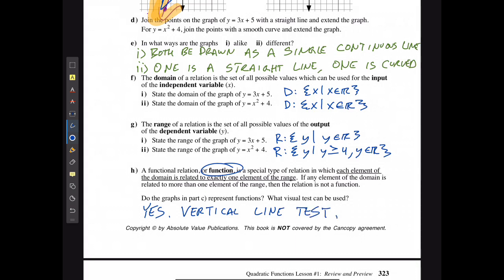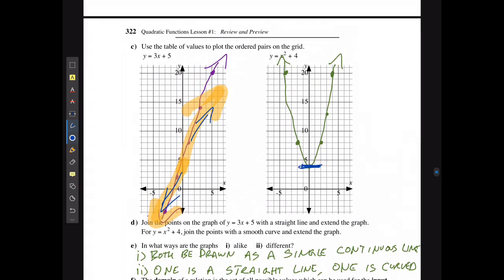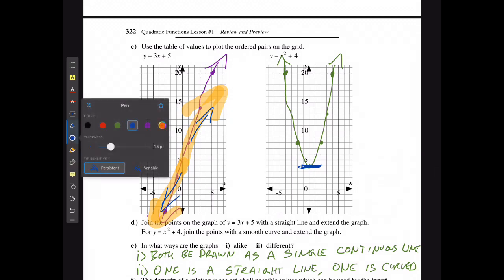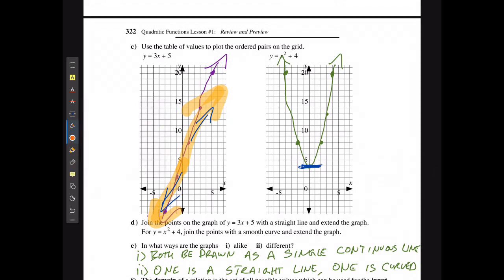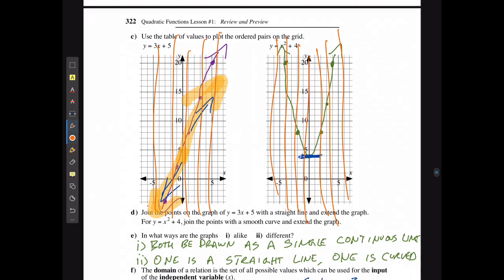The vertical line test says that if I took a ruler or just drew an infinite number of vertical lines going all the way through here, there would never be any 2 points on the graph that stack vertically on top of each other. It doesn't matter if, like in the second one, there are 2 points that are side by side, only if they stack on top of each other vertically.